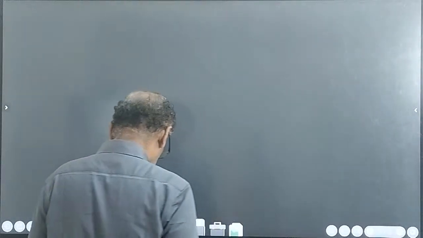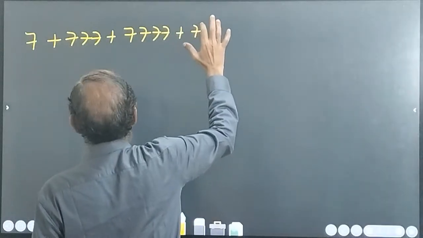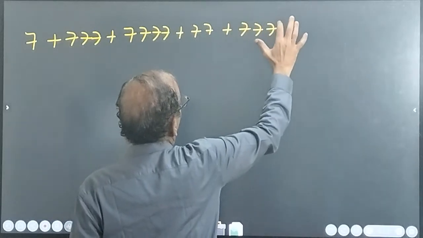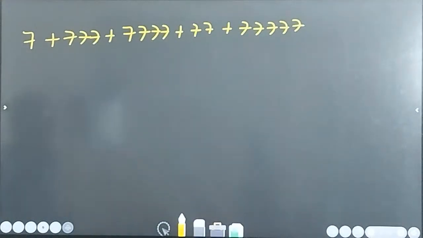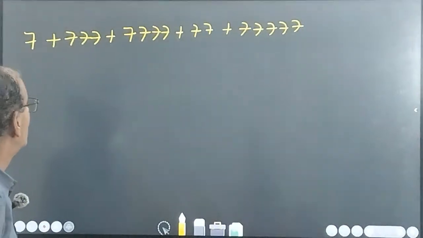Okay. Then next question, addition. The same number is coming. How can we easily add 7 plus 77 plus 777 plus 7,777 and so on?